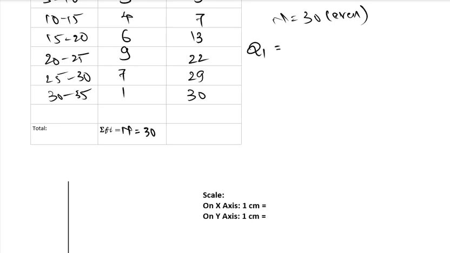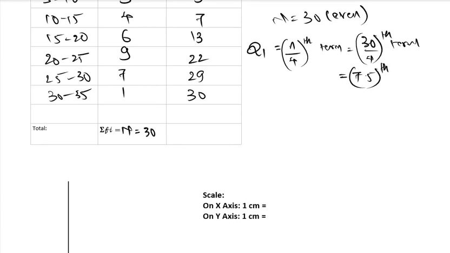According to the formula, lower quartile will be n by 4th term. That is 30 by 4th term. So 30 by 4 is 7.5th term. Now you must be wondering what is 7.5th term. Don't worry, we will find it.